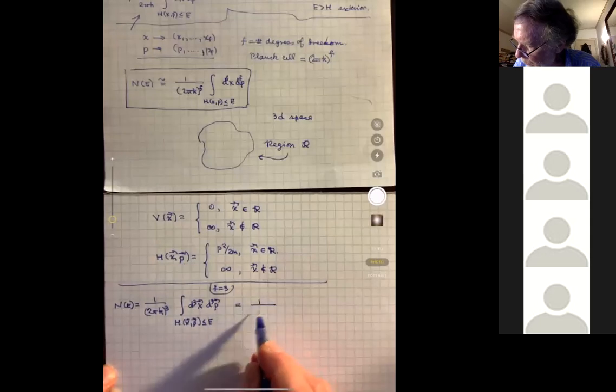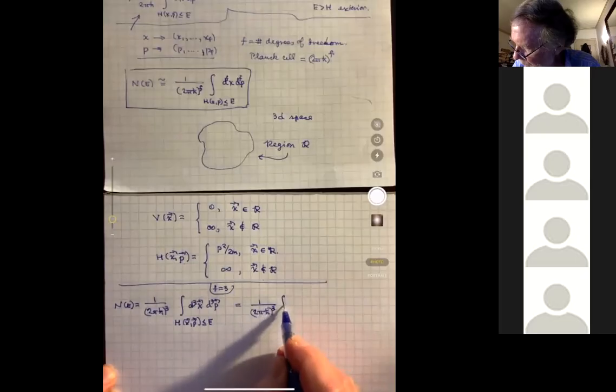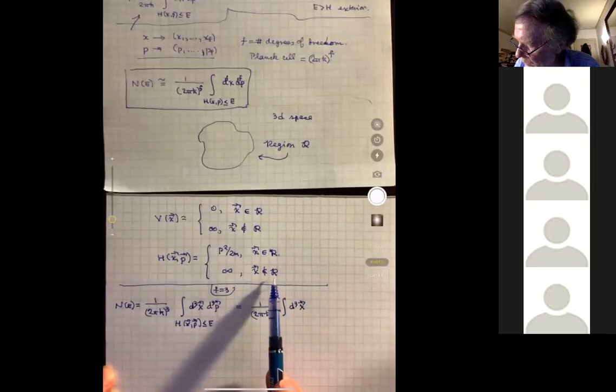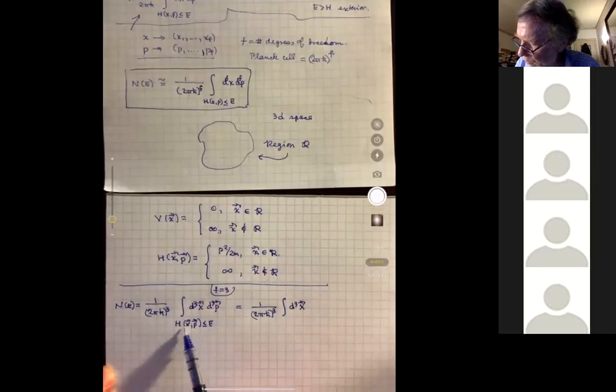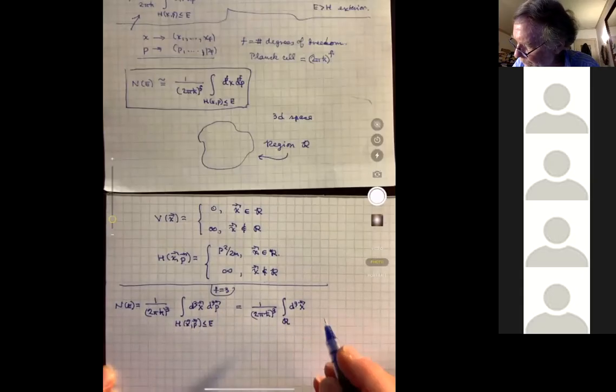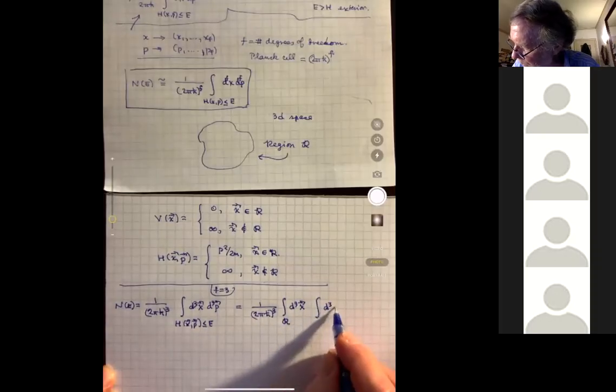Let me copy the 1 over 2 pi h bar cubed. The integral over x, d cubed x. You see, if x lies outside the region R, then the Hamiltonian is infinite. So that's not part of the region we need to integrate over. So this x integral only needs to be taken over the region R. If x is inside the region R, we do the momentum integral.